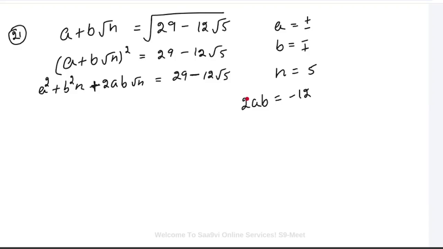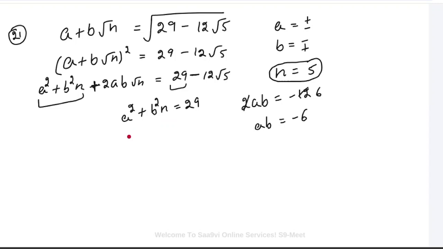And this is going to be minus 6, a into b will be equal to minus 6. And if I talk about the addition, that should be equal to 29. A square plus b square n is equal to 29. If I'm assuming n has to be 5, that means this is a square plus 5 into b square, that is equal to 29.